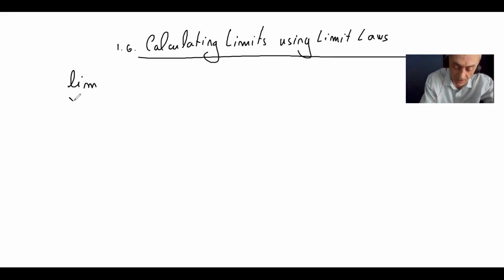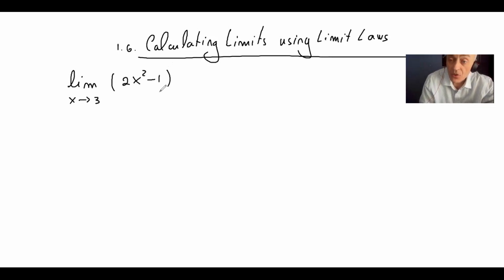All right, so here's a limit. I'm going to copy a problem from the book, or just make up some problem. Limit as x goes to 3 of 2x squared minus 1.